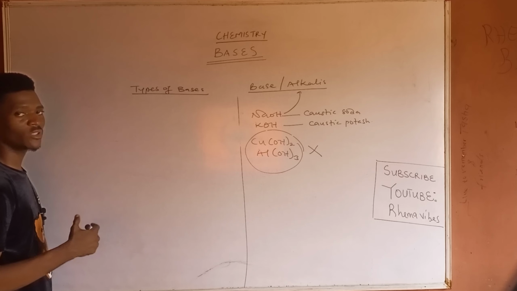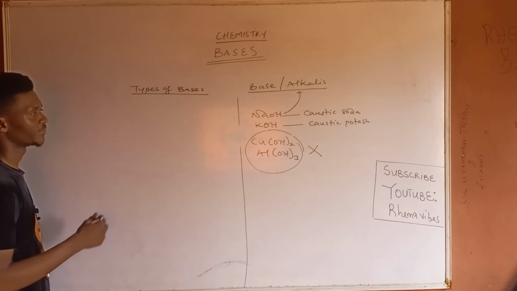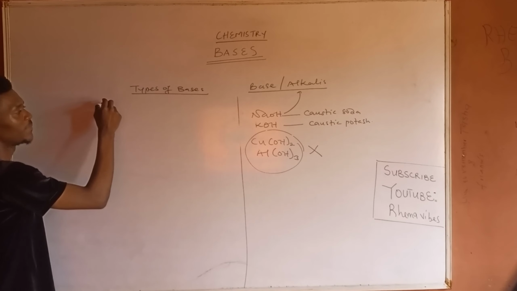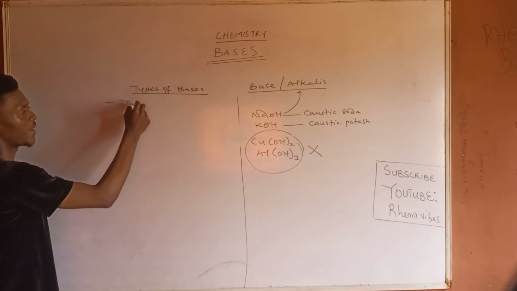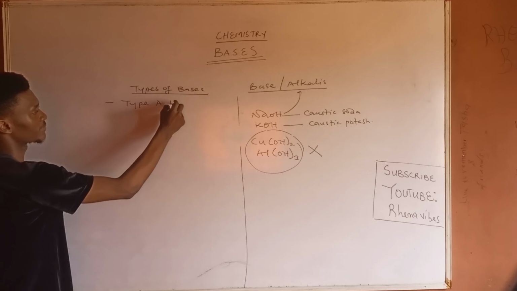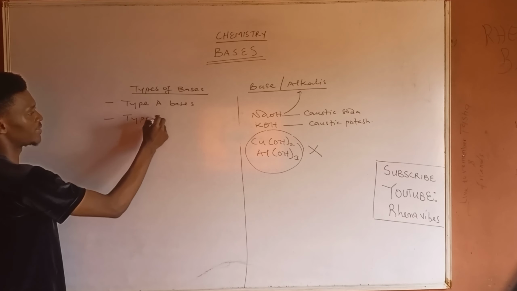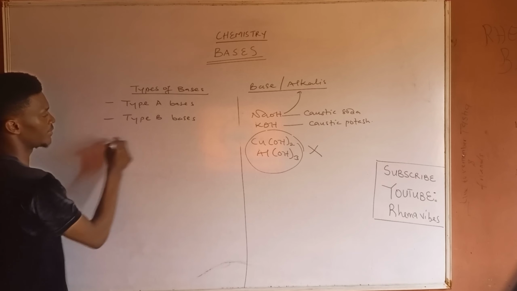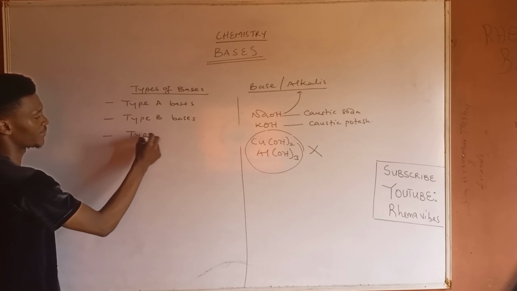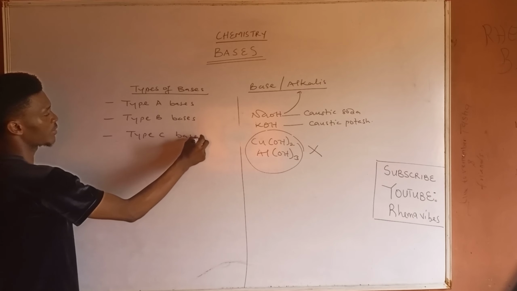Then in what pattern do they produce the hydroxide ion? Now, I can split them into different types. So I have the type A bases, we have the type B bases, and then we have the type C bases. Now, what are type A bases?